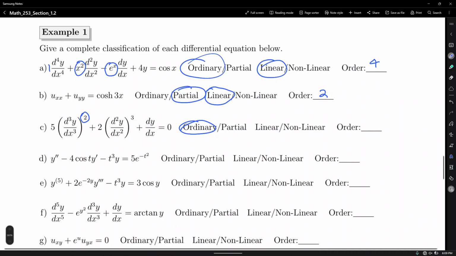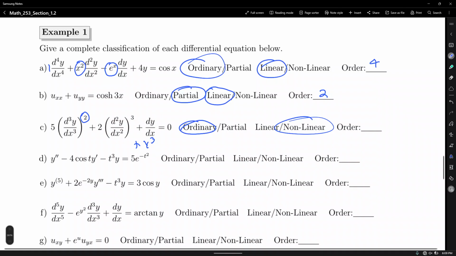It's like having a y squared. What's y squared? Isn't that a parabola? That's not a line, right? Or even having plus y cubed, for instance. That's no longer a linear term. That's actually a cubic term. So that makes it non-linear.